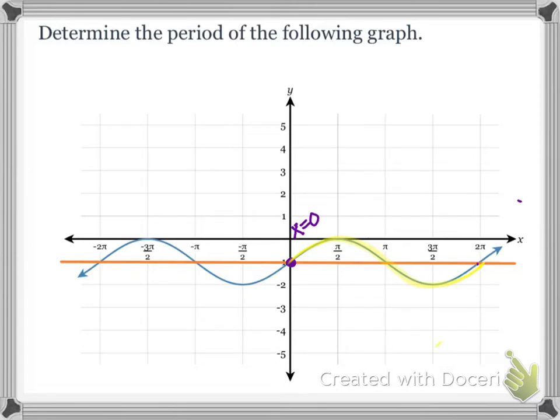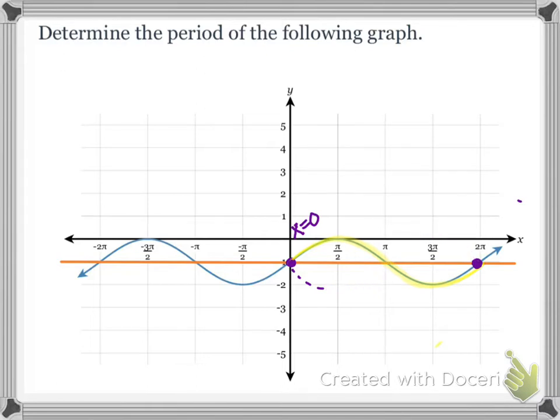It stops right here, okay? So wherever it starts, that's where it needs to stop, okay? One wave, when it starts in the midline, goes up and goes down. Or it can also go, by the way, sometimes it can go down and then go up. Okay, so either one of those options works.